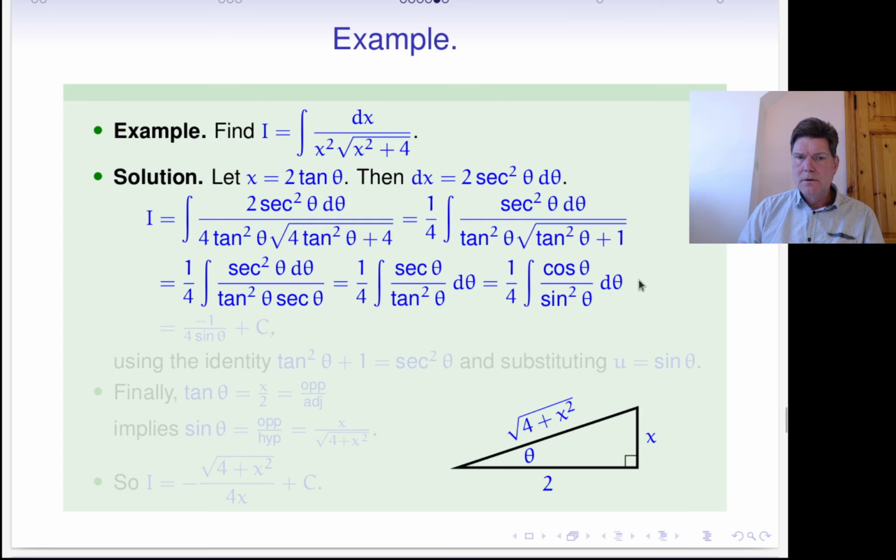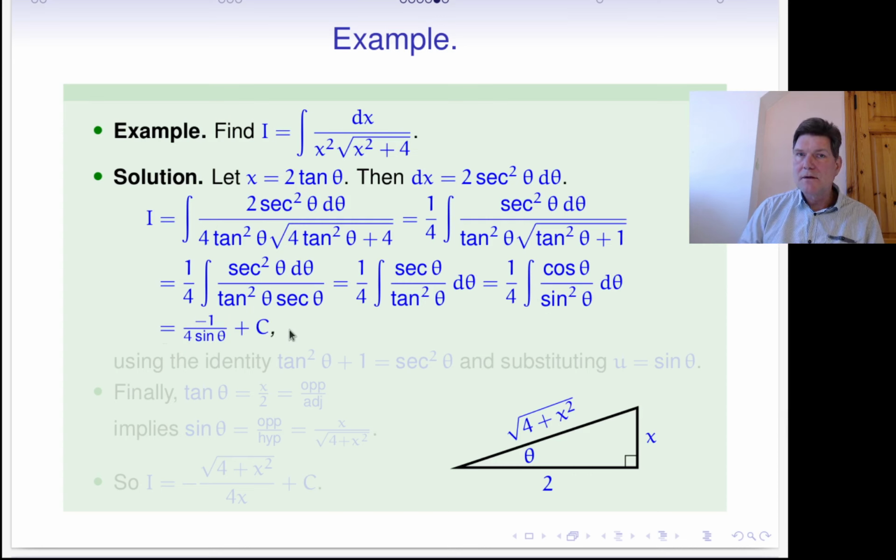And that's a nice integral where we can substitute u for sine theta, and then du is cosine theta d theta, and the integral over 1 over u squared is minus 1 over u, so we get minus 1 over 4 sine theta back substituting, plus c.